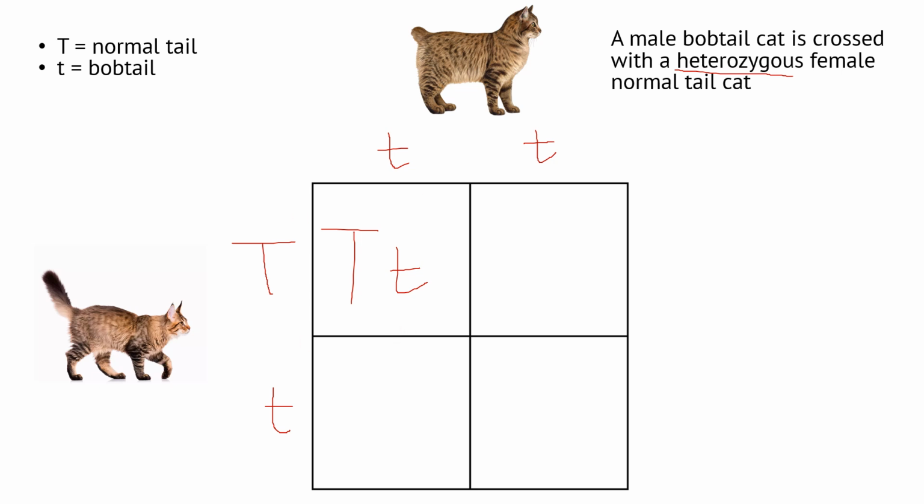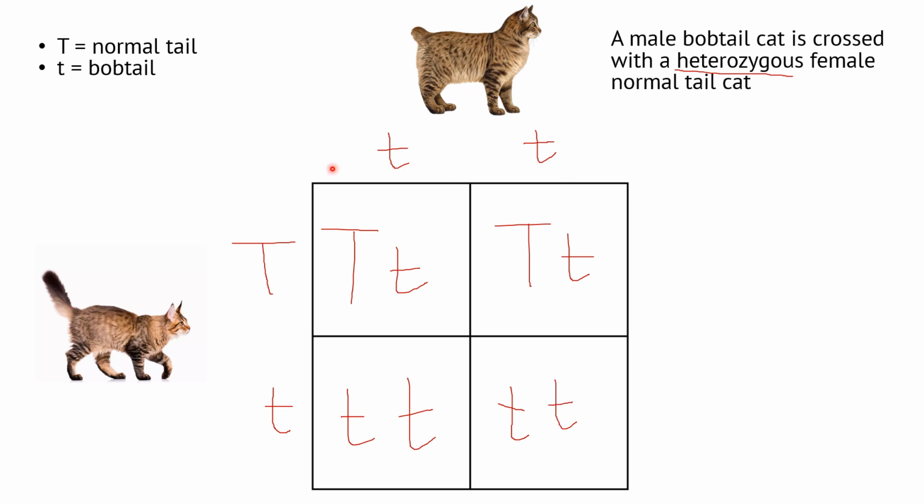Let's go through the rest and fill it in. We've got capital T from the mother, lowercase t from the father, and now we move over to the mother's other allele. She has a lowercase t, and the father, of course, is going to pass on a lowercase t as well. So lowercase t from the mother and lowercase t from the father.